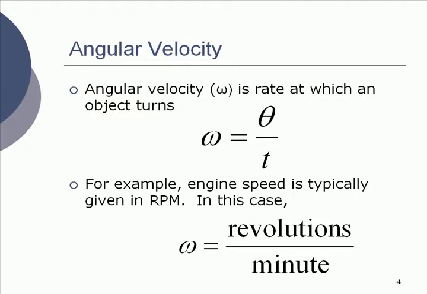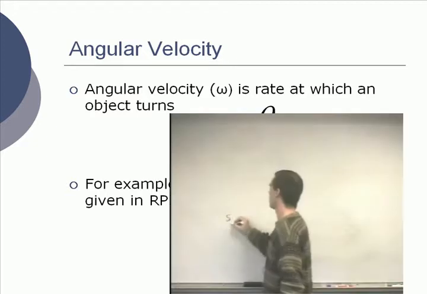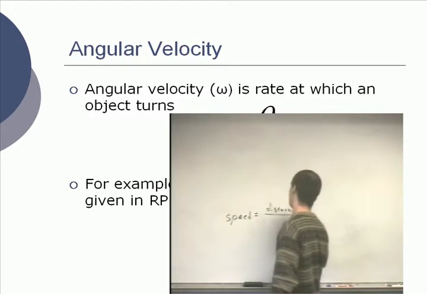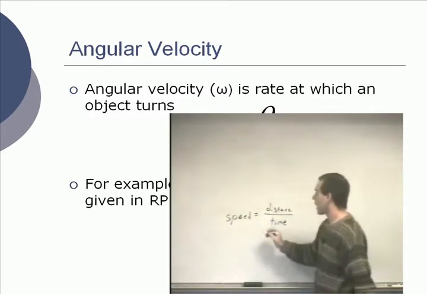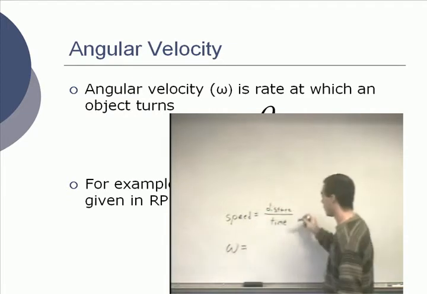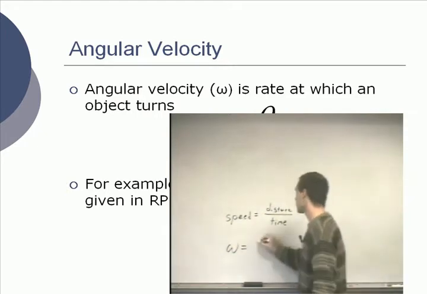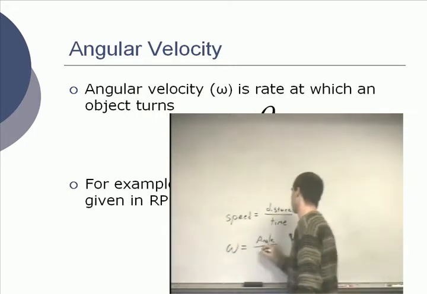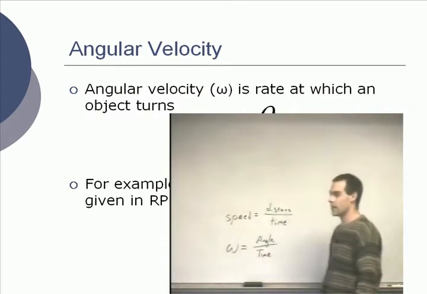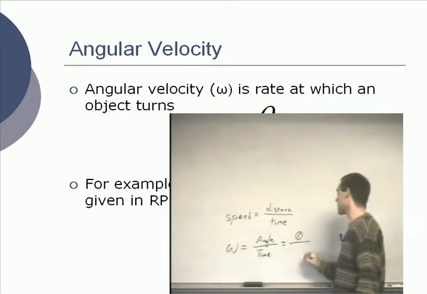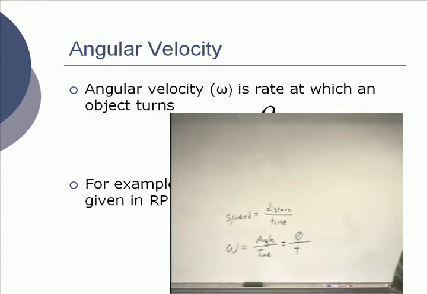Just like the speed of your car is given by distance divided by time, our angular velocity, we don't know how far something is moving. All we know is how many degrees, radians, or revolutions it's turning. So it's going to be some angle divided by time, where theta is always going to give us our angle measure, as it always has, and t is a symbol for time.